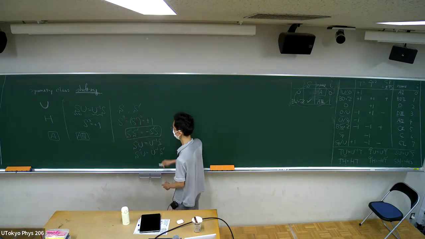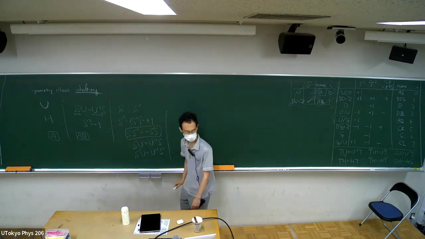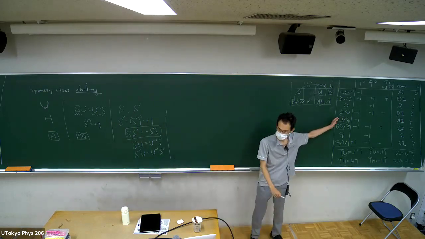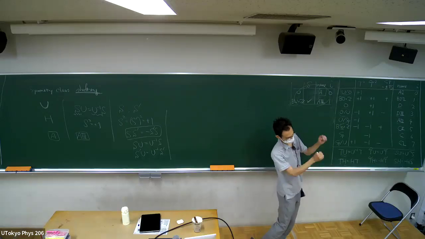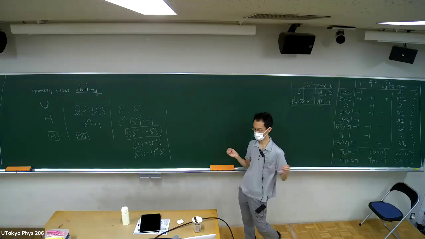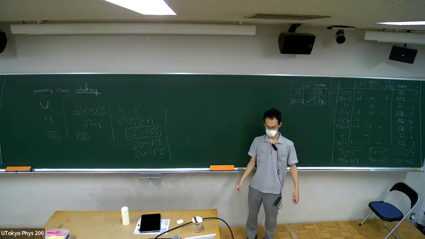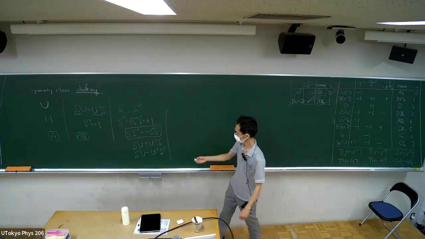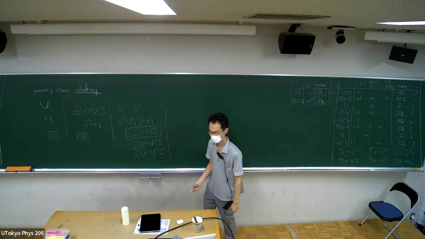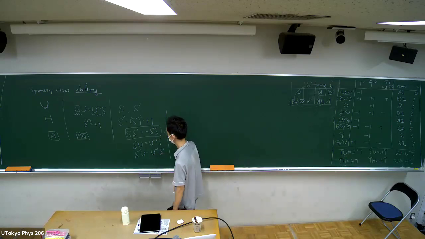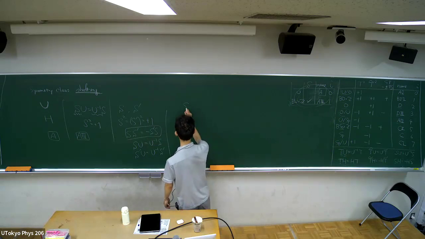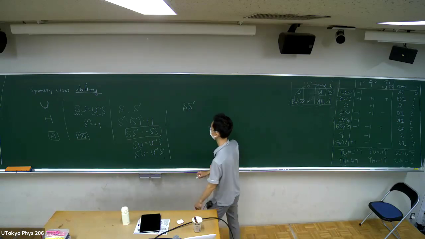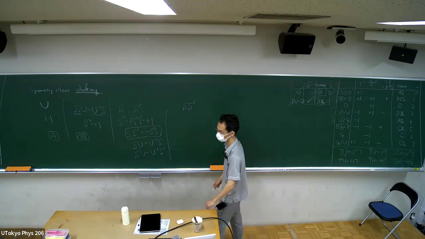We found these 10 classes by just considering various possibilities with having T or T twiddle or S. Nobody stops us from introducing more S's. What would happen in this case? Let's consider this product SS prime.